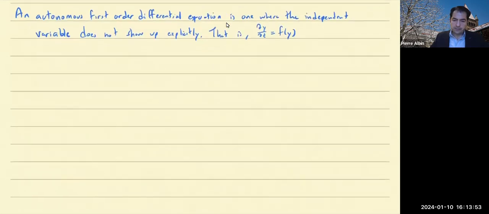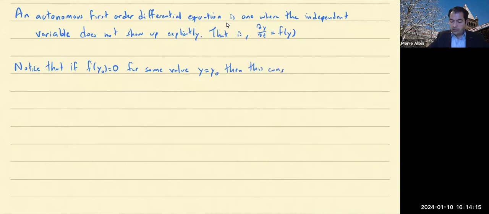Okay? So notice that if f of y naught is equal to 0, for some constant value y equal to y naught, then this constant function solves the differential equation.